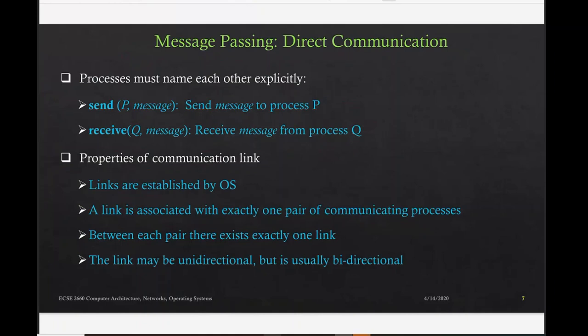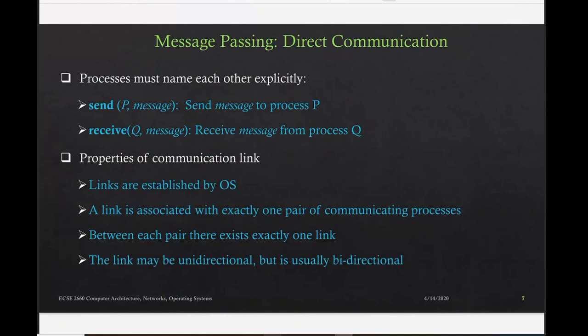Because you are explicitly mentioning the processes that you want to communicate with, that boils down to hard coding those process IDs into your process, which may not necessarily be a good thing, because the disadvantage could be the limited modularity that you get because of this.